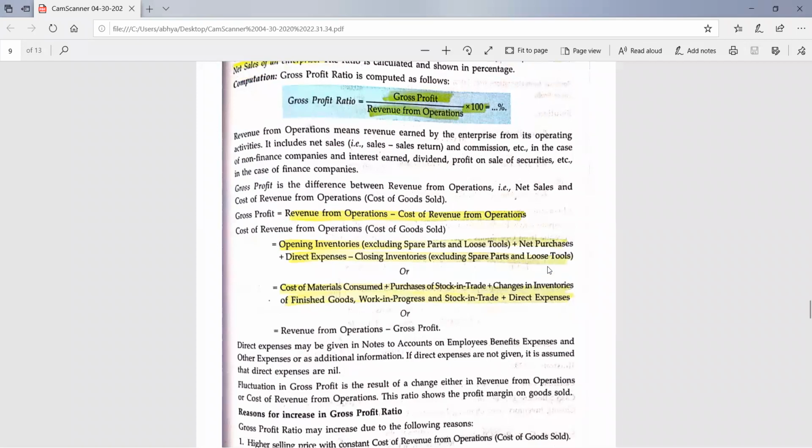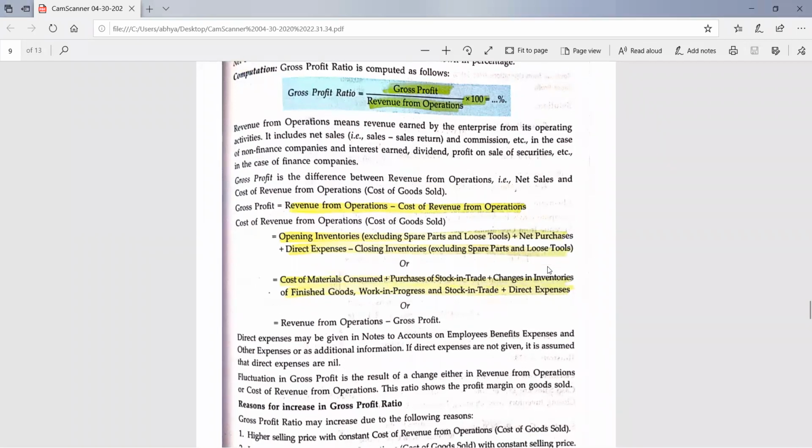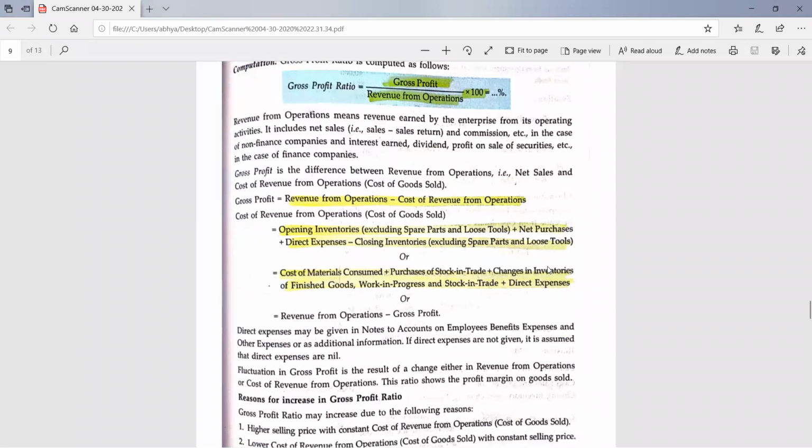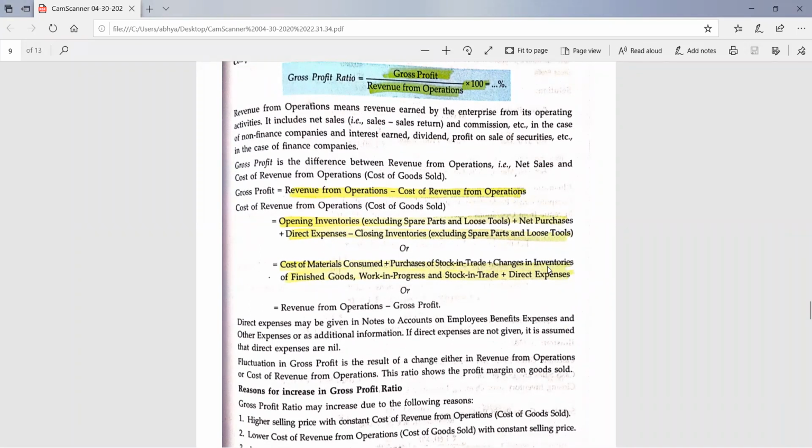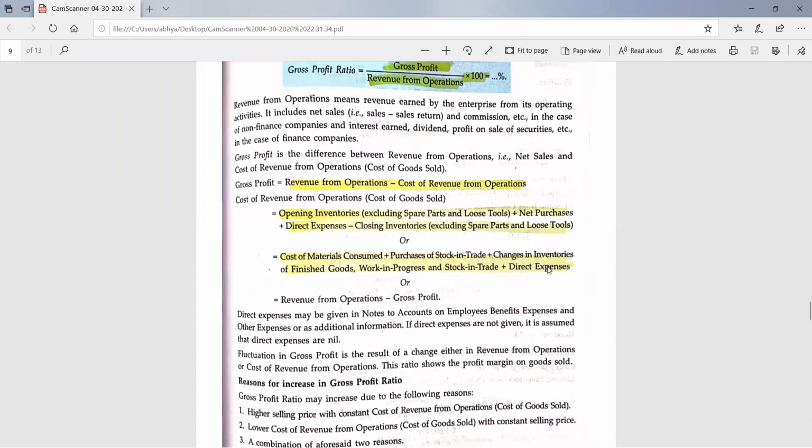Gross profit, we already know how to calculate: RFO minus COGS, or cost of RFO. Cost of RFO we have already learned in activity ratios. Opening inventory, remember that if spare parts and loose tools are in inventory, then we need not consider them. Opening inventory plus net purchases plus direct expenses minus closing inventories.